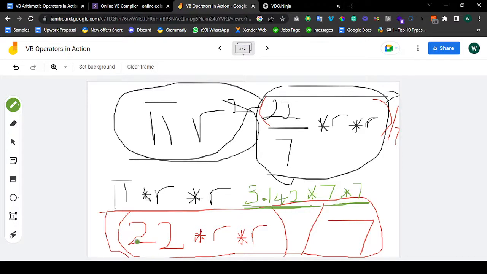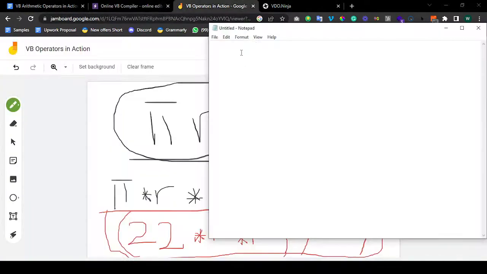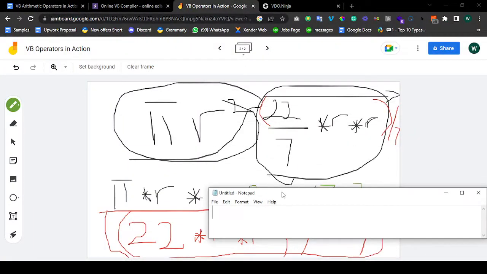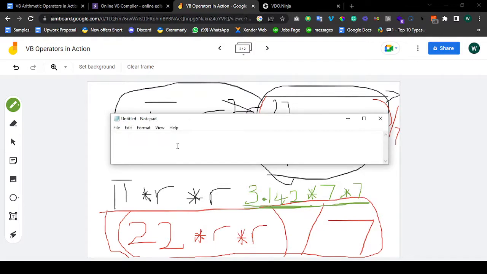So area is, I'll open a bracket first, 22 multiplied by r, close the bracket, everything divided by 7. Let me use my notepad to copy it out. So this will be 22 multiplied by r multiplied by r, close, divided by 7.